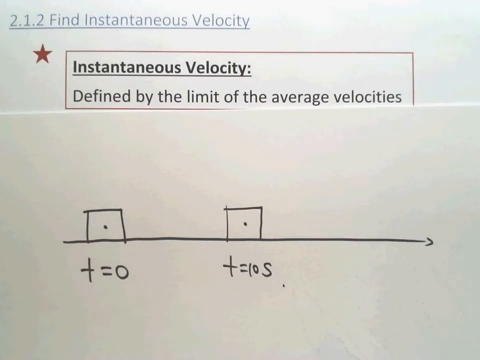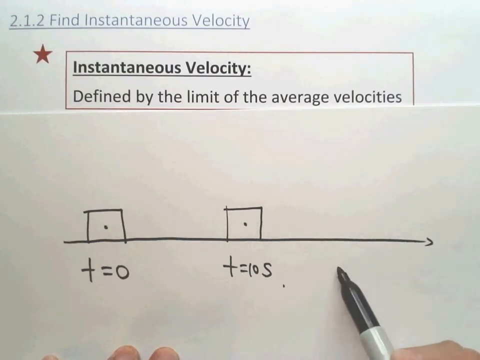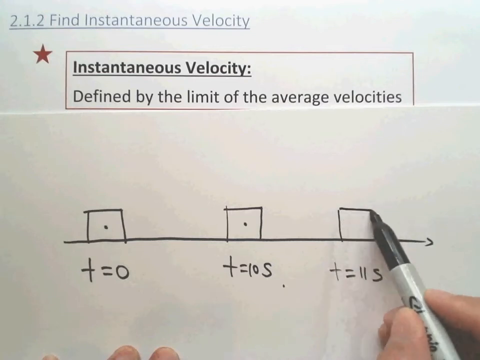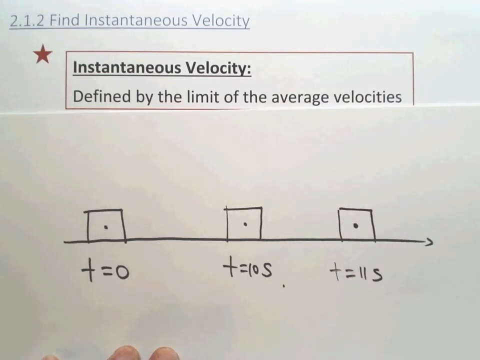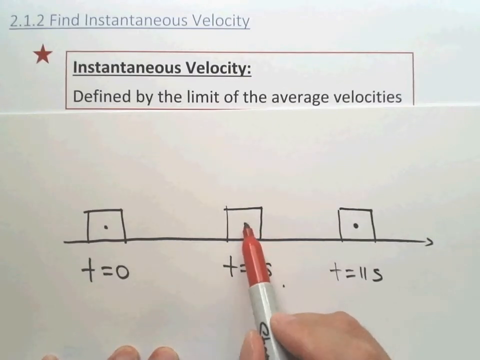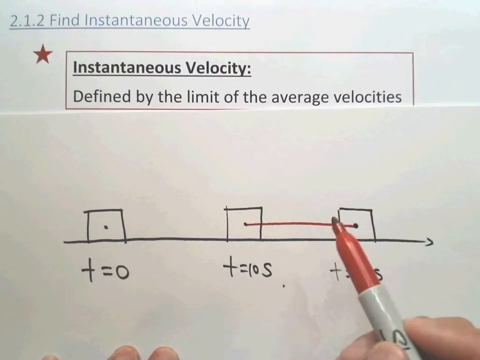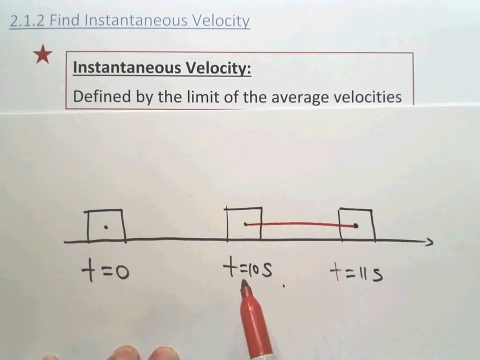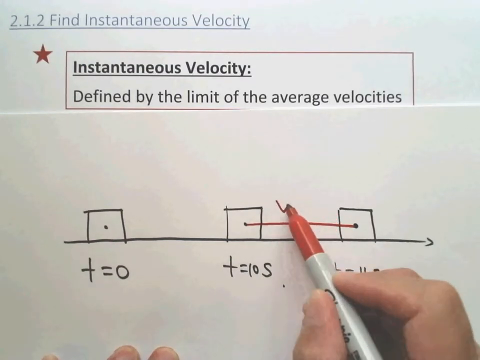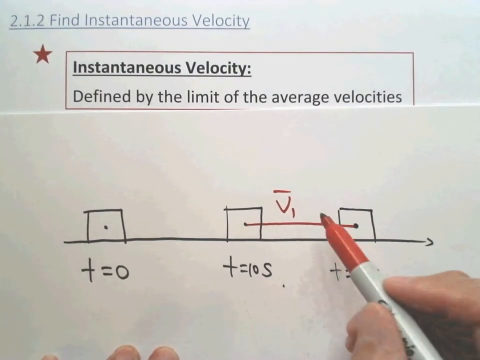So for example, if t equals 11 seconds, the object moves here already. We have from this point to this point, and we can definitely find the average velocity between 10 seconds and 11 seconds, right? I use v1 bar for this average velocity. How do you find it?